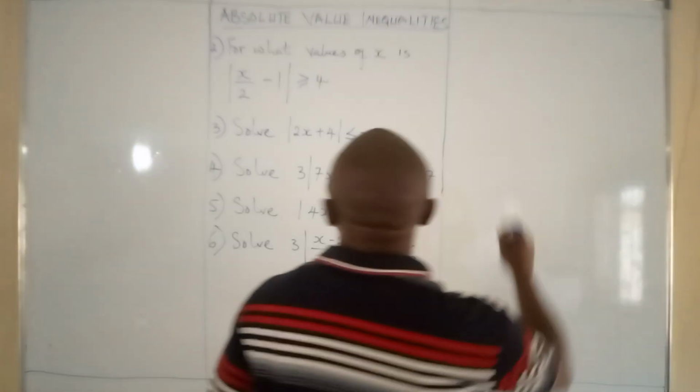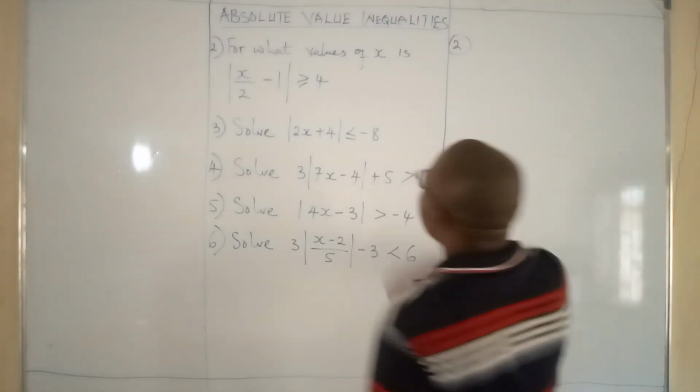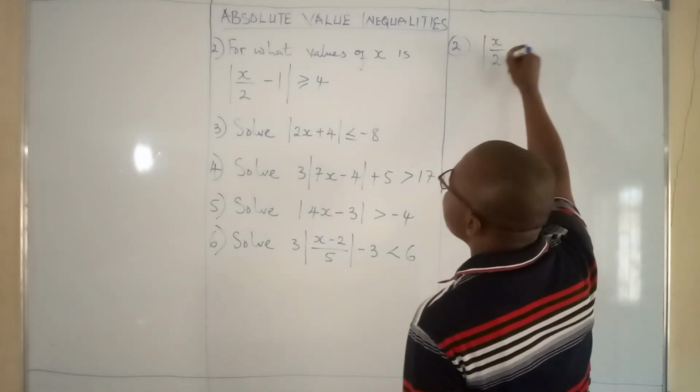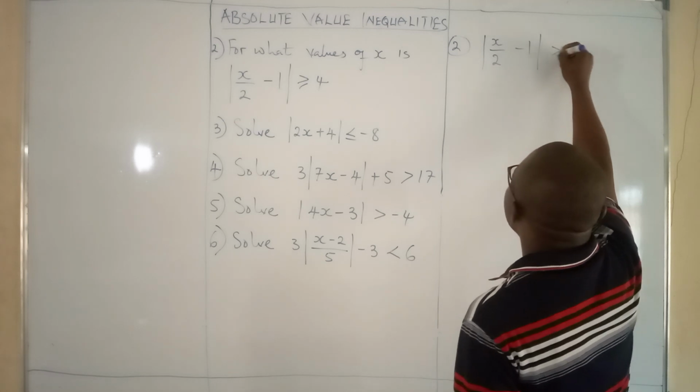So solution to question number 2. The absolute value of x over 2 minus 1 is greater than or equal to 4.